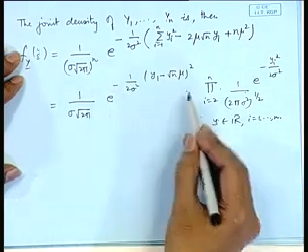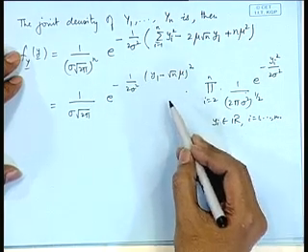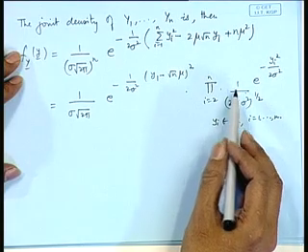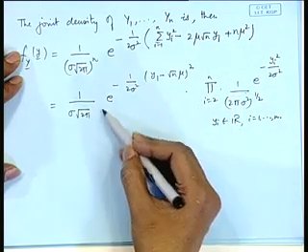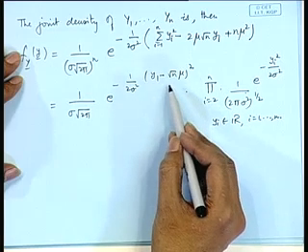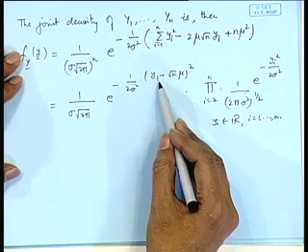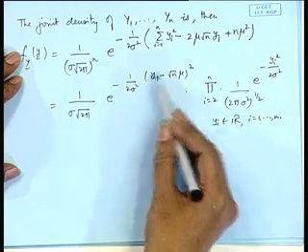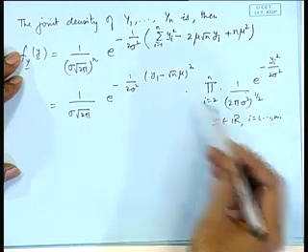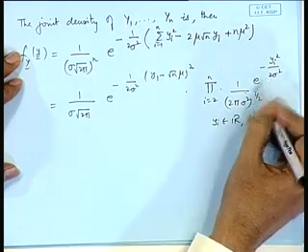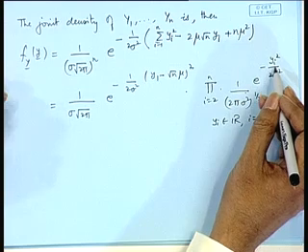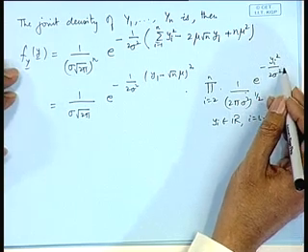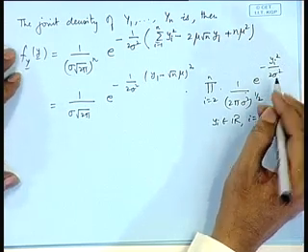Now, you see this representation, we are able to express the joint density of y1, y2, ..., yn as a product of certain functions, where each function is strictly dependent only on each yi. So, these are n functions. This is a function which is dependent upon y1 alone, and here we have n minus 1 functions, each dependent upon y2, y3, ..., yn respectively.